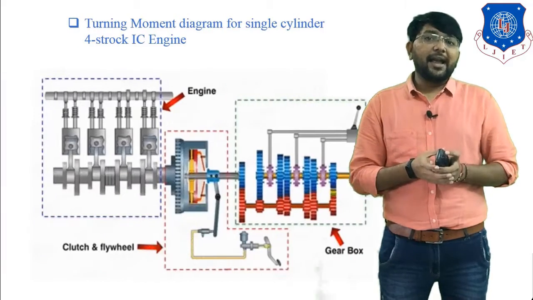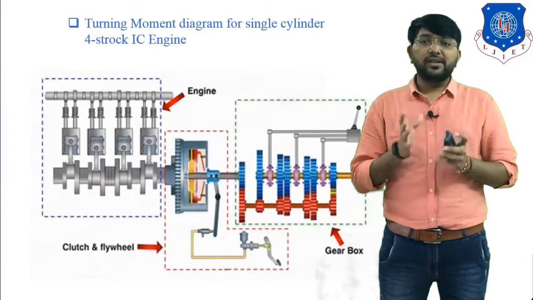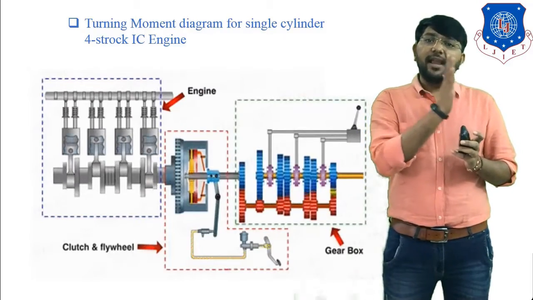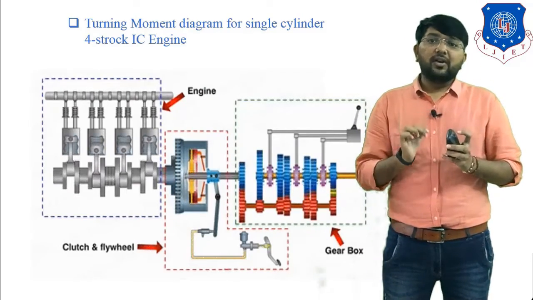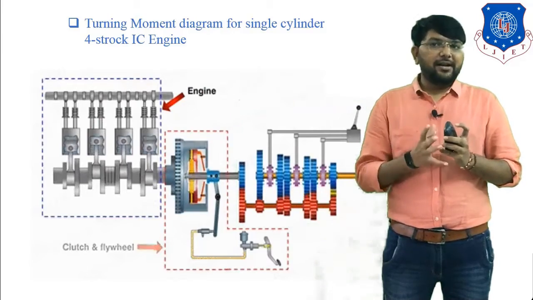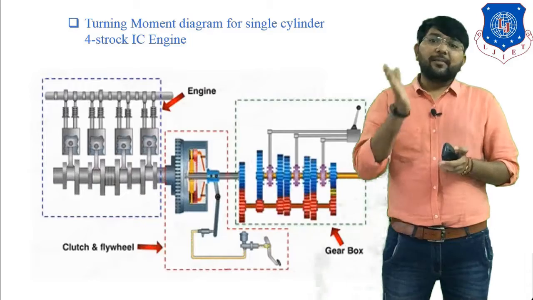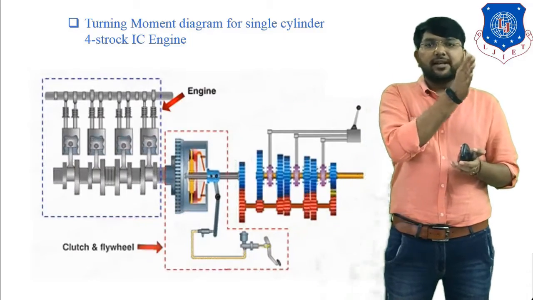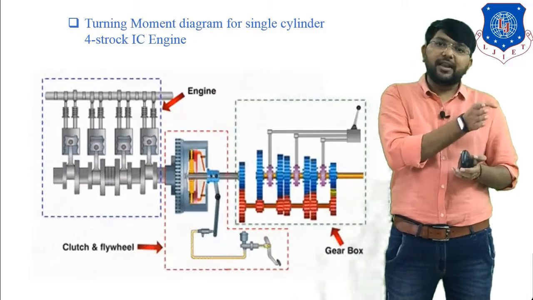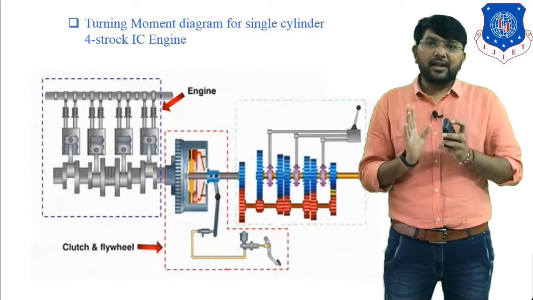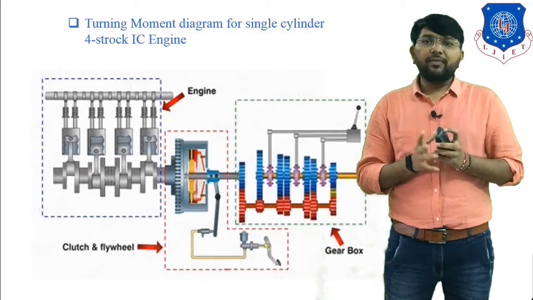You can see in this figure that the flywheel is mounted at the end of the crankshaft. The flywheel gains some energy at the power stroke, and that energy the flywheel supplies to the gearbox, and after the gearbox we transmit power to the wheel. Clear? So this is the working of the engine.